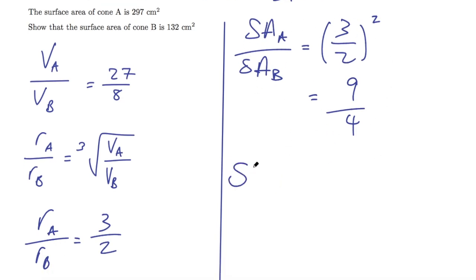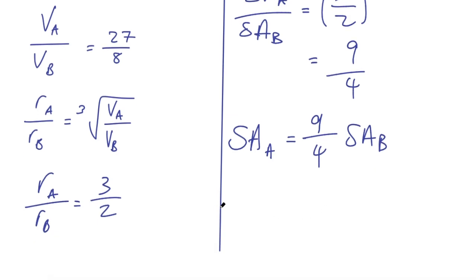we can say that the surface area of A equals, let's rearrange this a little bit. So the surface area of A equals 9 over 4 multiplied by the surface area of B. So therefore the surface area of B equals 4 over 9, because we need to effectively multiply this on the other side. So multiply by 4, divide by 9.